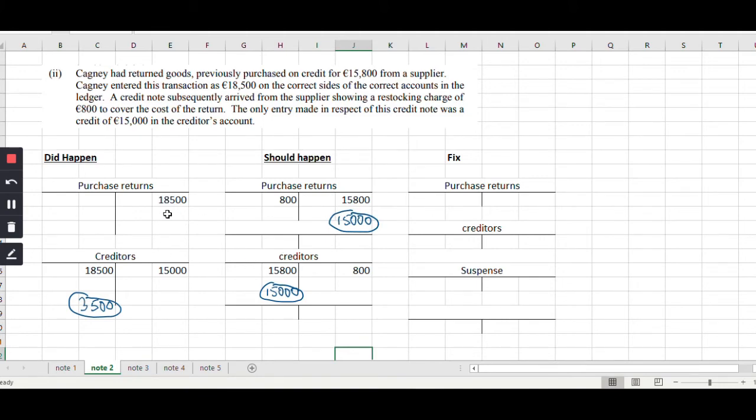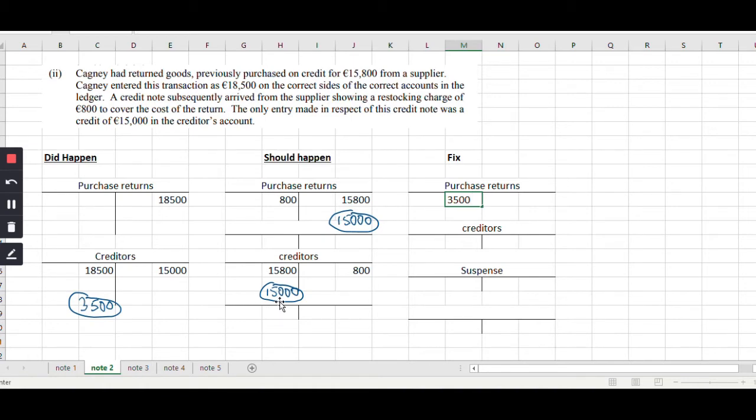First of all, purchase returns. Sitting at 18,500, we want it to be 15,000. Therefore, we are going to have to debit 3,500 to get it down to 15,000. The creditors account is sitting at 3,500 on the debit side.